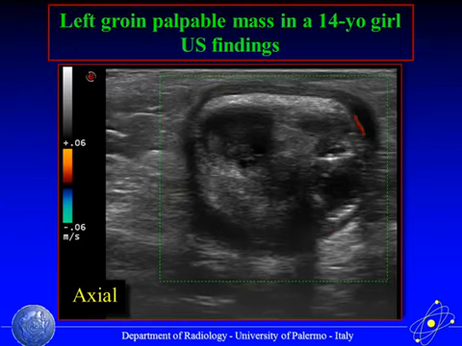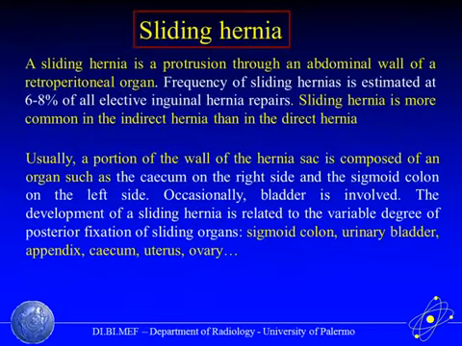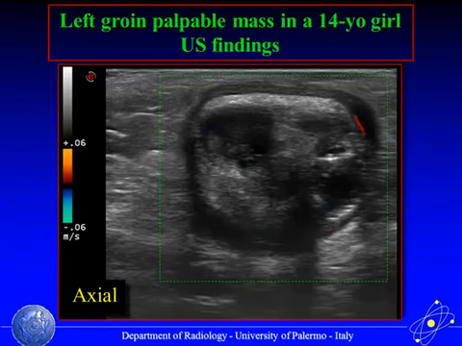For instance, this is a case of a 14 years old girl with a left groin palpable mass suspected for hernia. When we performed our ultrasound examination, this is the appearance of the mass in the groin region. This inhomogeneous, roundish, mostly hyperechoic lesion in the axial scan with some peripheral vessels.